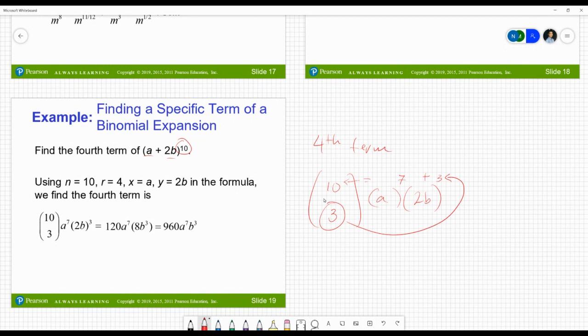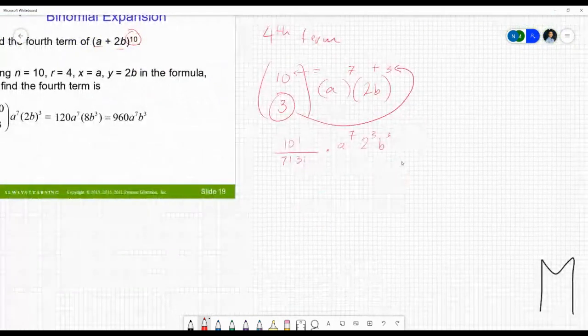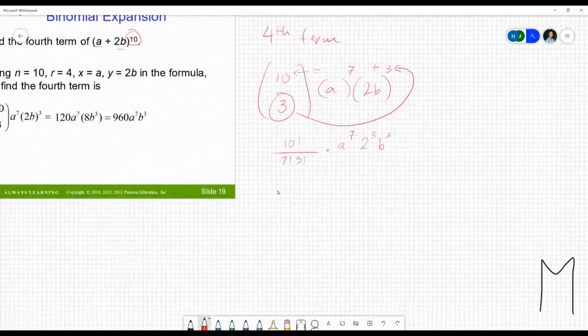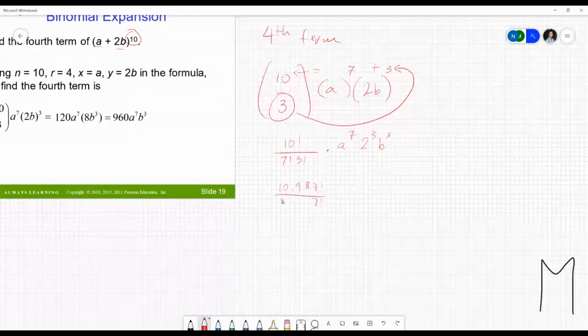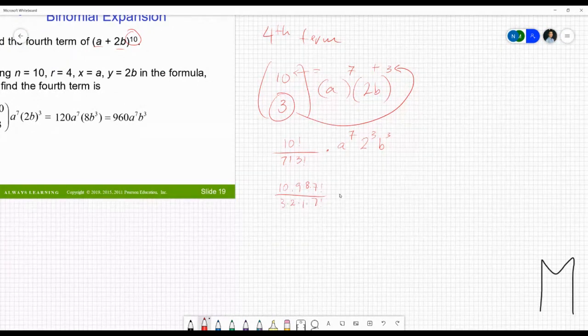So let's simplify 10 choose 3. We have 10 factorial over 7 factorial 3 factorial times a to the 7, 2 to the third, b to the third. Now I can simplify this. So 10 times 9 times 8 times 7 factorial, I stop there, over 3 times 2 times 1.